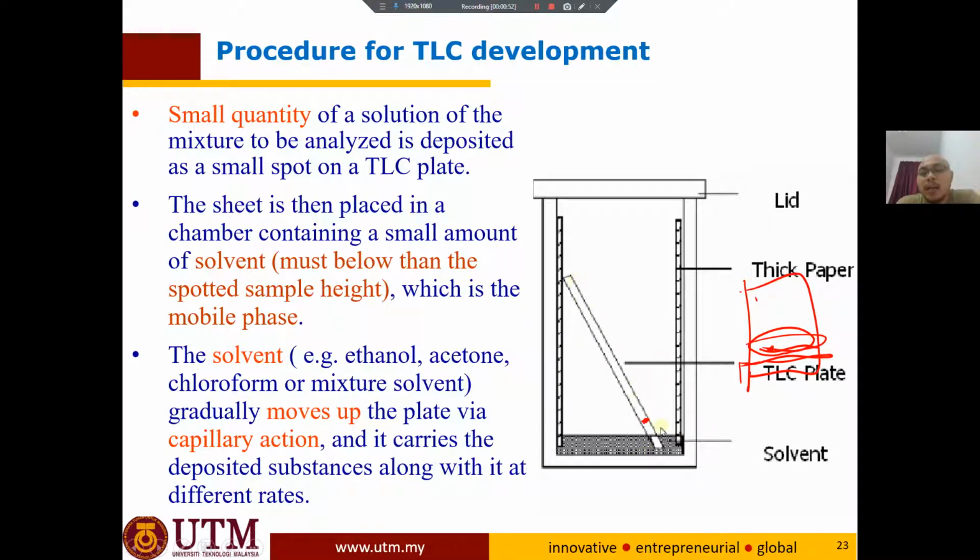So the solvent will move up by capillary action, and the movement of the components depends on their interaction with the stationary phase. I think I already discussed that if you put in a stronger solvent, it's not necessarily good.